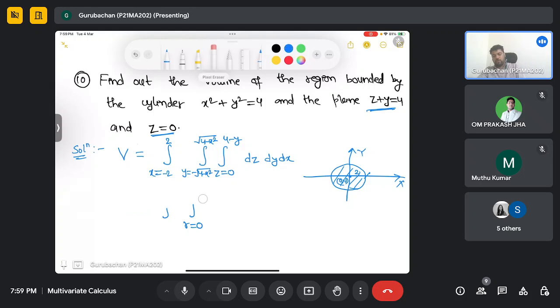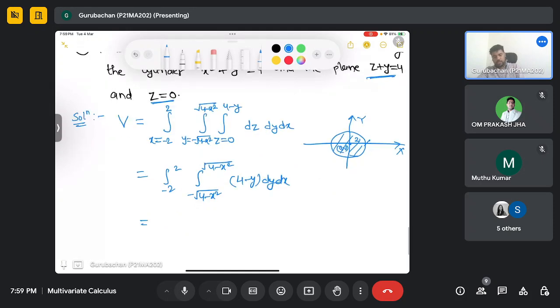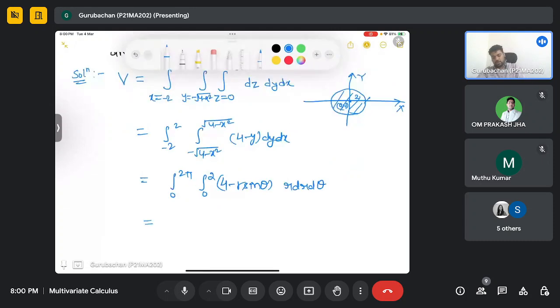First of all, we solve the z integral in one step, which gives 4 minus y, dy dx. So this will be theta from 0 to 2 pi and r from 0 to 2 of 4 minus r sine theta. And since we are applying a change of variable, there would be a Jacobian, and the Jacobian is r dr d theta. So solve it and tell me what is the possible answer for this.